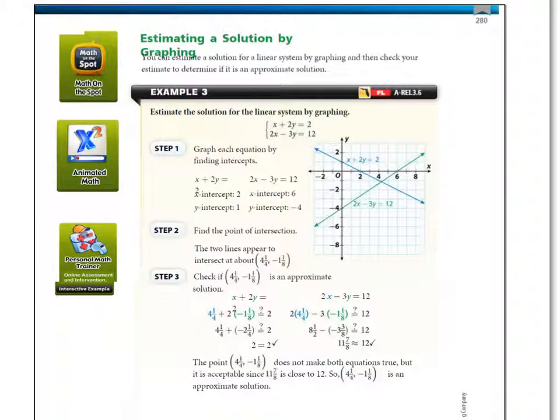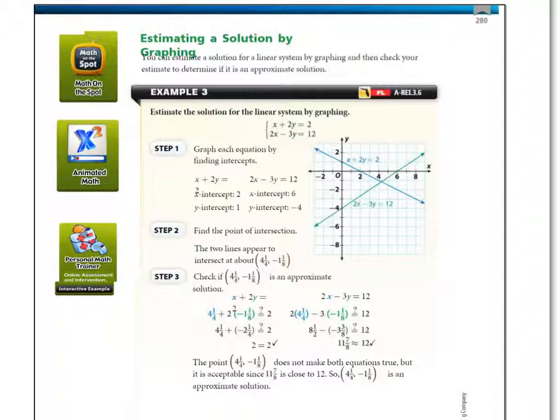Now, sometimes when you graph these, you're going to notice that you don't know exactly where they cross, and that means you have to estimate. And this is why graphing is not the only method we use to solve these, because it doesn't make sense to estimate if you can find another way to solve them. So if you look, and again they used intercepts, we would solve for y.